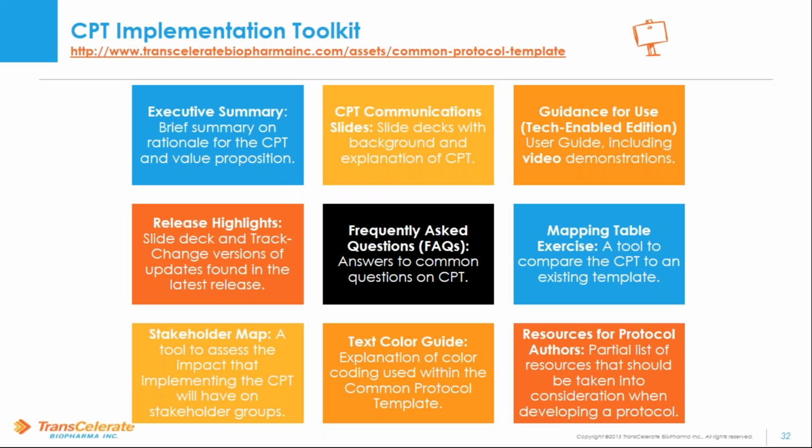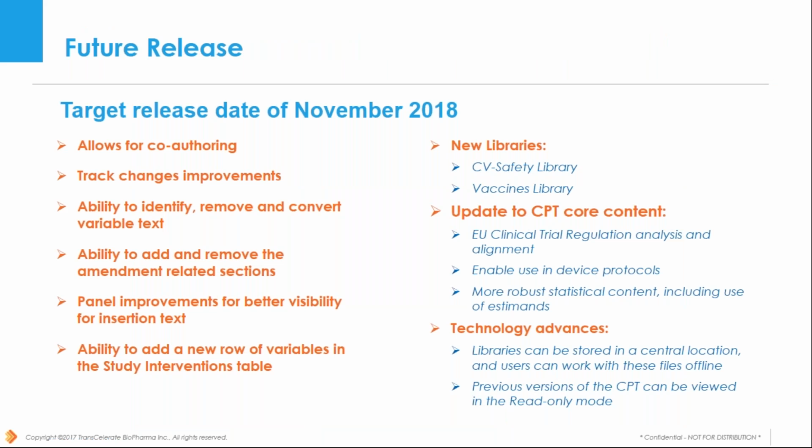We have a text color guide, which explains the different color codings used within the Common Protocol template. And finally, resources for protocol authors, a partial list of things that should be taken into consideration when developing a protocol. So again, a lot of different resources are available to help with implementation in your organization.